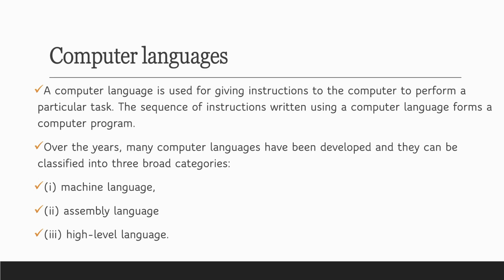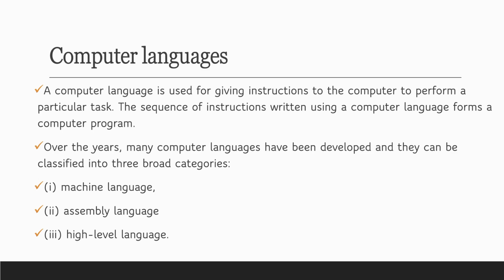The first is machine language, which is the lowest level language consisting of binary code that the computer directly understands, that is in the form of zeros and ones. The second is assembly language, which uses symbolic instructions and is a bit more readable than machine language.